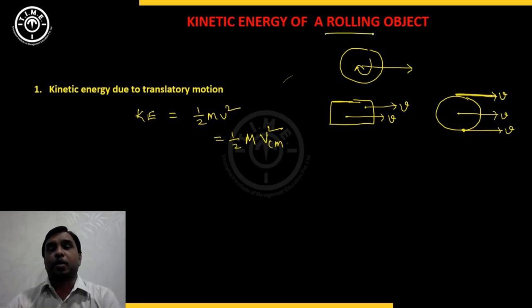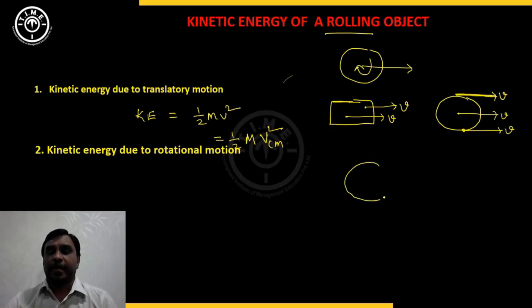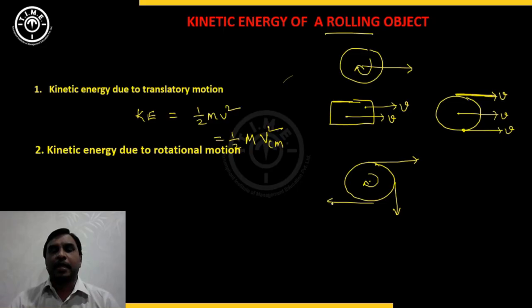Again, we are talking about rolling, so it is a combination of translatory motion as well as rotatory motion. What exactly is rotatory motion? Let us suppose you take this round object, fixed about this point, rotating about this point. Then this particle will have a velocity in this direction, this particle in this direction, and so on.